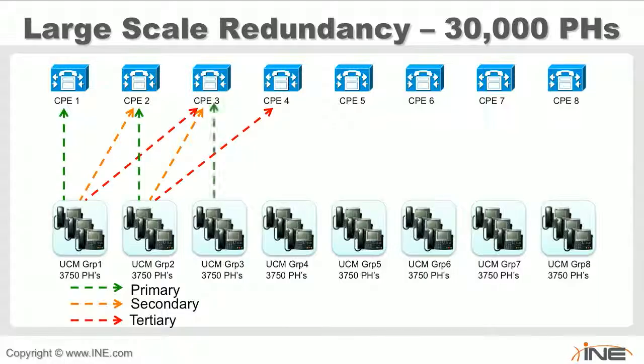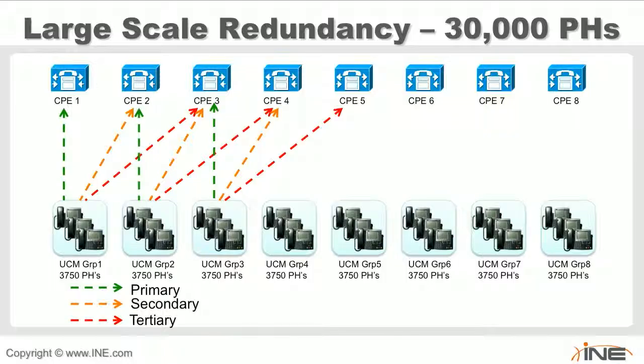Group 3 then points to CPE3 as its primary, CPE4 as its secondary, and CPE5 as its tertiary. And so you can begin to see here so far that every individual call processing node server only is used as a primary server for one group of phones.